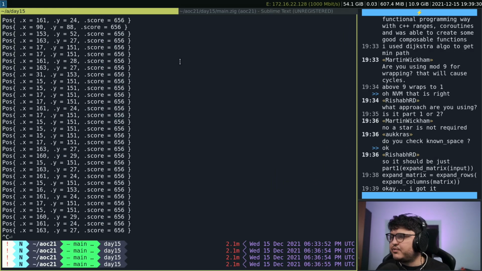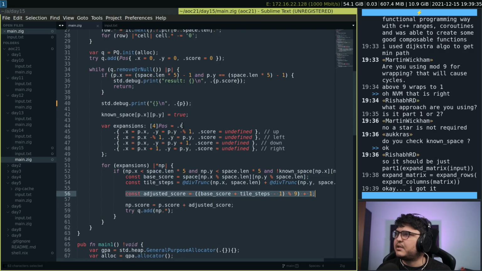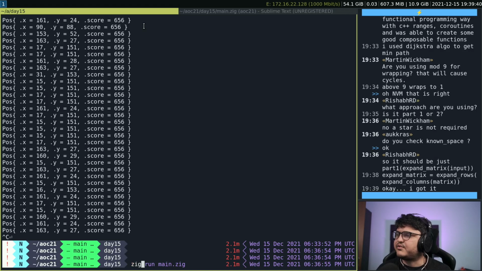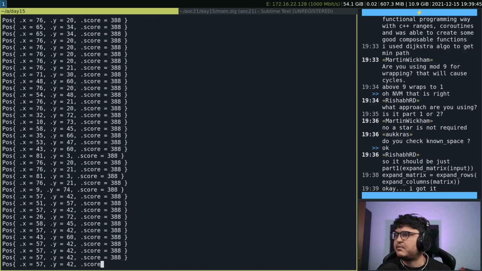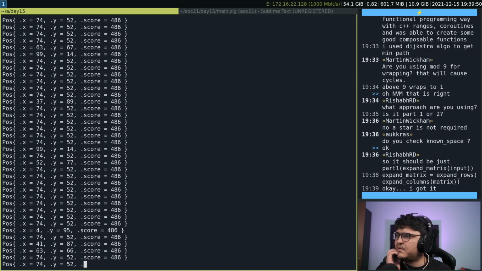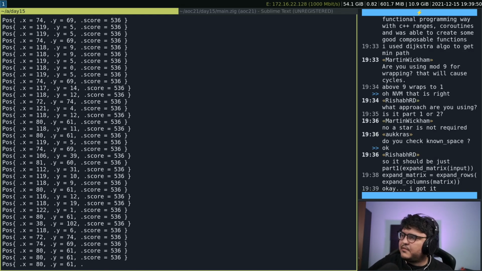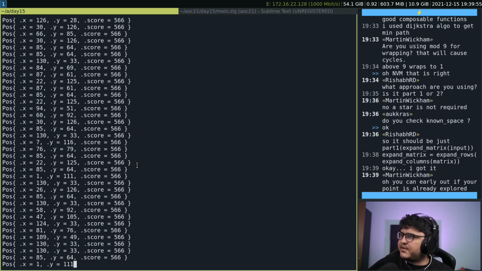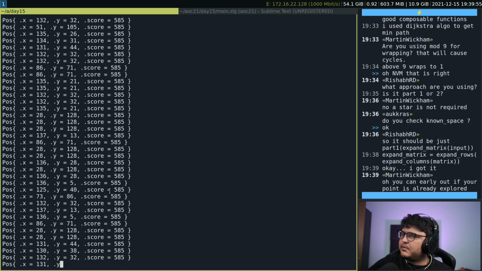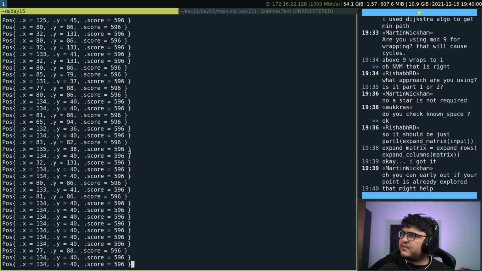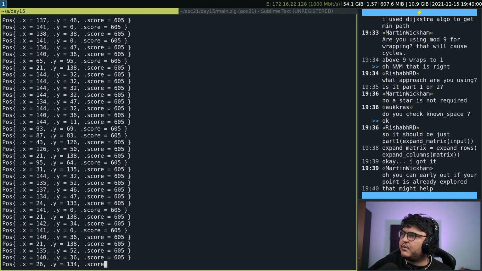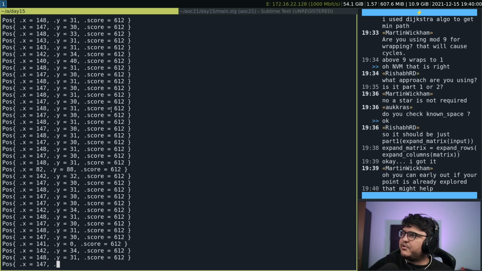Okay, you know what? Let's do the release fast version, I guess. At that point the prints are not going to be nice to have, but even then, I make some progress. Oh, you can early out if your point is already explored. That might help. I think I'm doing it.